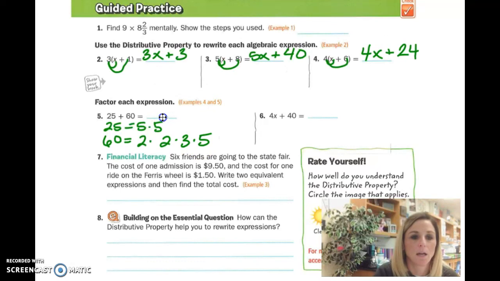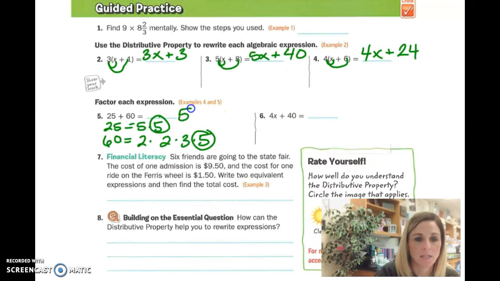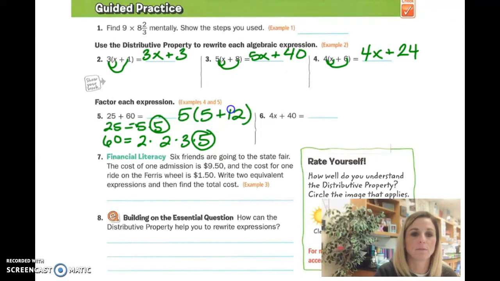So I notice that they have a 5 in common, which means that is the number that is going to go on the outside. So I'm going to do 5 in parentheses. What am I left over with here? A 5 plus, I multiply these together. 2 times 2 is 4. 4 times 3 is 12. So really what happens is 5 times 5 is 25. 5 times 12 is 60.